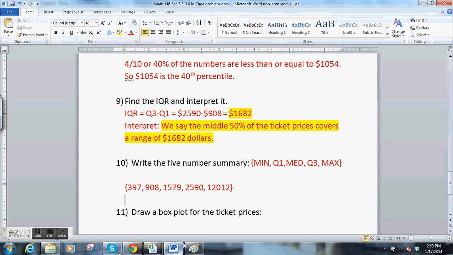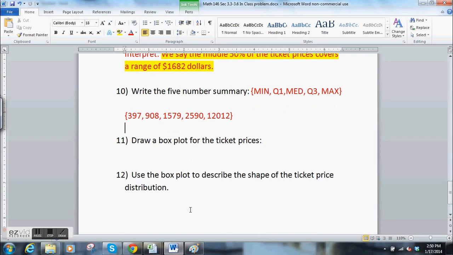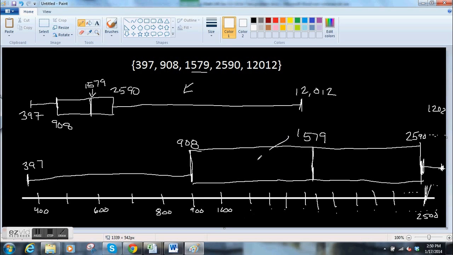And if you go back to this problem, draw a box plot. Great, done, perfect. I think my box plot nailed it. Use a box plot to describe the shape of the ticket price distribution. This box plot is no good for describing the shape because you can't even see that last tail, but this one, if you did the scale right, you could see that this tail is very, very long.